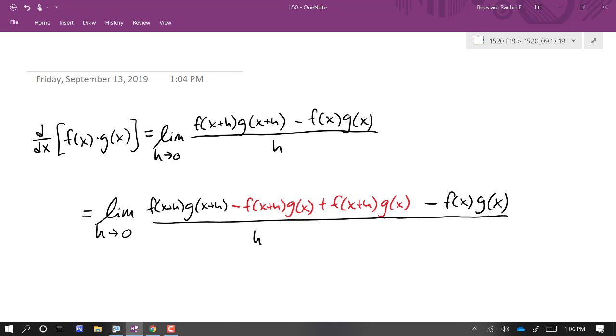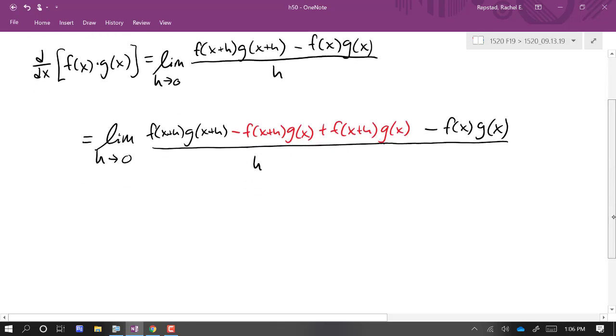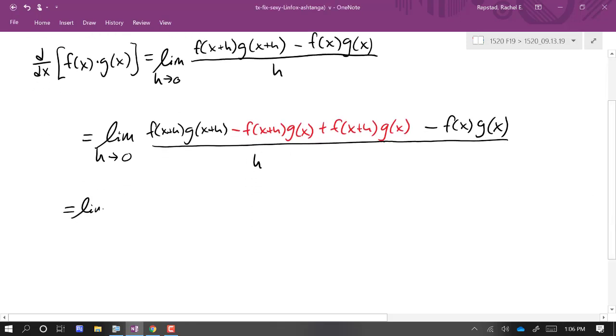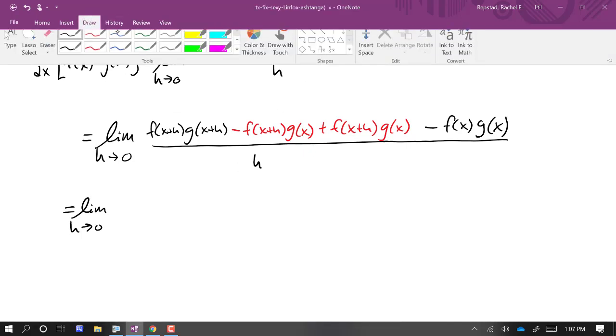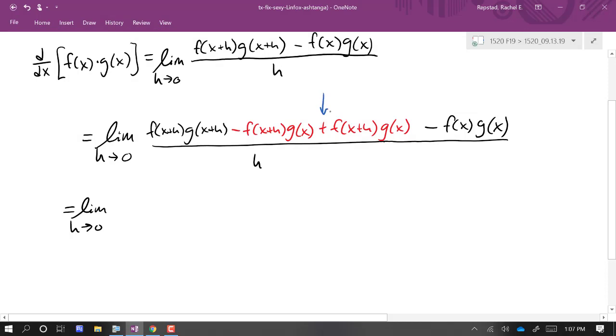Now what I'm going to do is just use an algebra fact. I can split up a fraction over addition and subtraction that happens in the numerator. So I'm going to split it up right here. I've got f of x plus h, g of x plus h, minus f of x plus h, g of x.